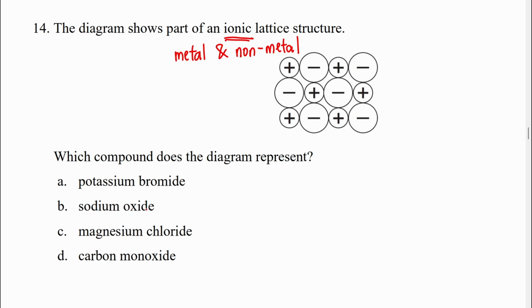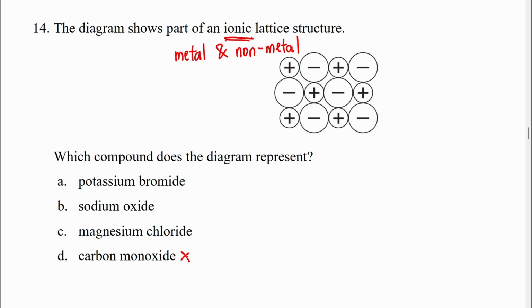Magnesium chloride is a metal and non-metal, while carbon in here is a non-metal and monoxide. Okay, it's a single oxygen, right? Mono, and oxide is oxygen. So this is non-metal with non-metal. So the answer is impossible if you choose D because this is not ionic bonding.